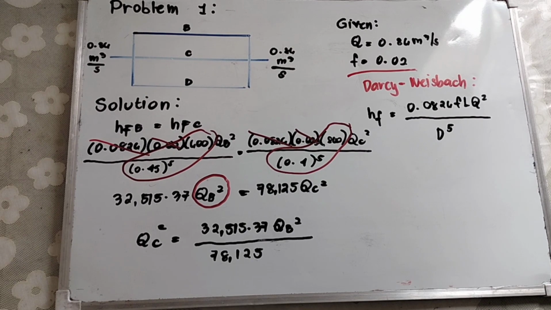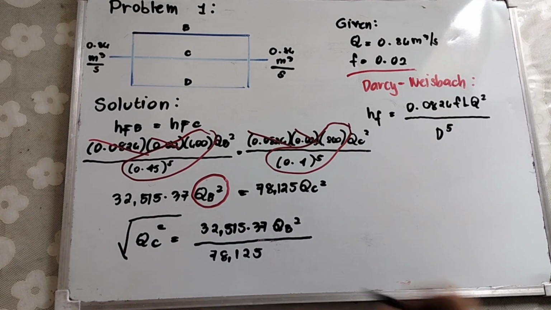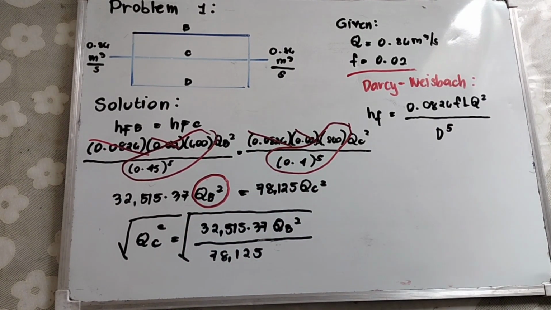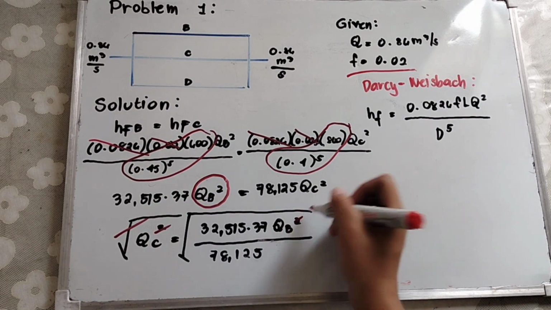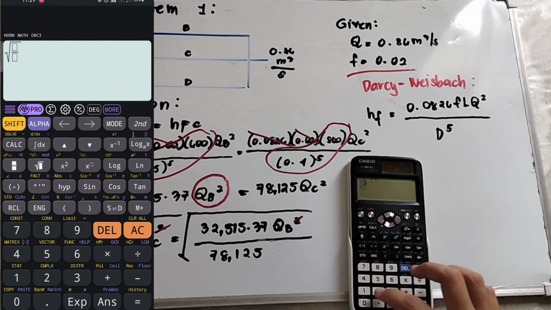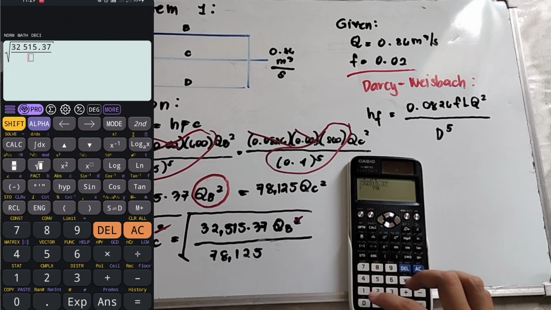Now, to cancel out the square at QC and QB, we just need to square root both sides. So now we have the square root of 32,515.37 over 78,125 times QB.